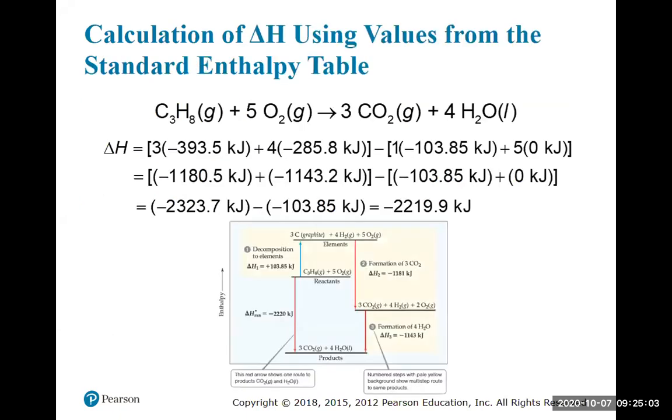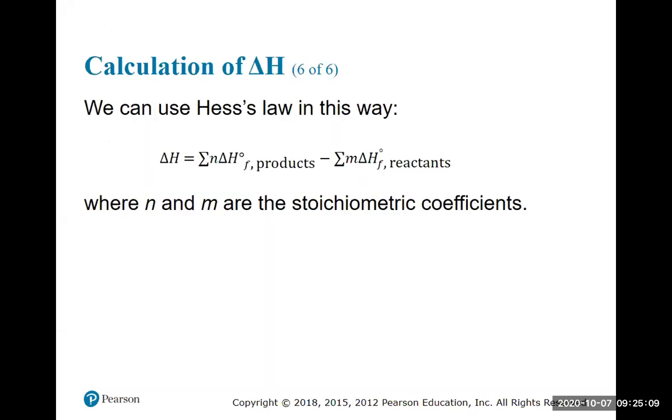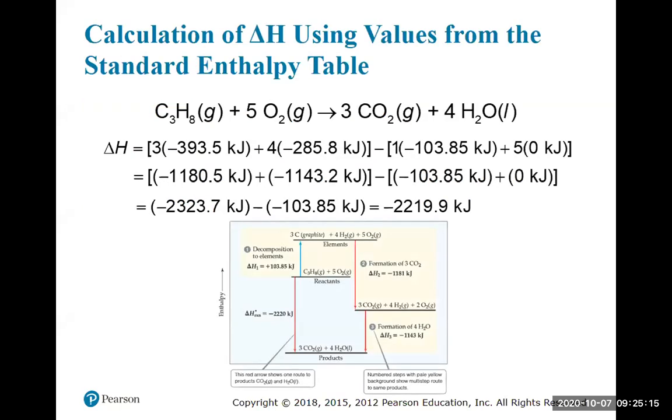So, okay, here's an example. Just to remind you, it's the sum of the products minus the sum of the reactants. We would look these values up in an enthalpy table. Let's sum up the products first. The products were 3 CO2 plus 4 H2O.